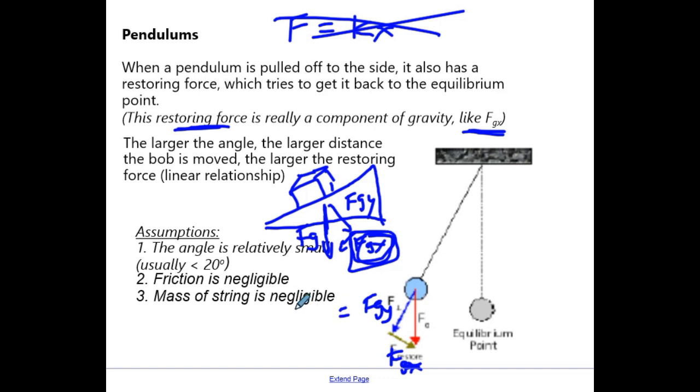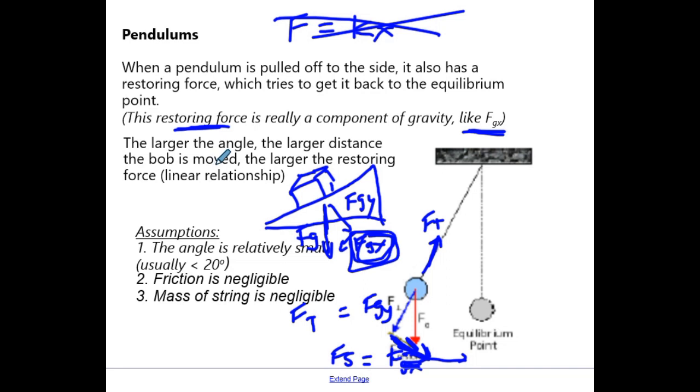We often say that the force of gravity in the y direction is Ft because it's exactly equal to the tension in your rope. I mean, there must be tension in this rope, and so the Fg in the y direction must be your tension. And similarly, Fgx is actually known as your restoring force because it's what's pulling you back this way. It's what's trying to pull you towards the middle, and so it's what's pulling back.